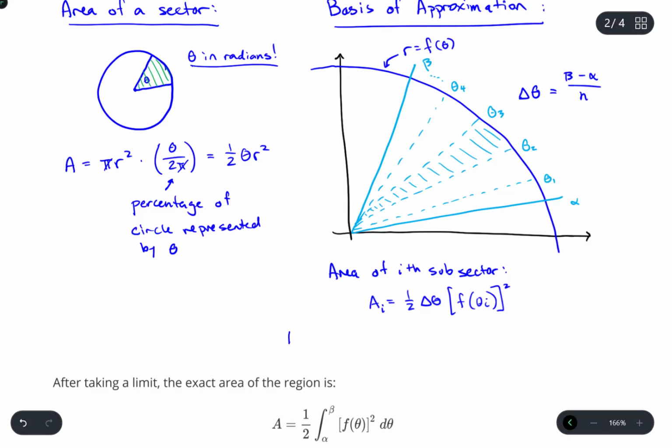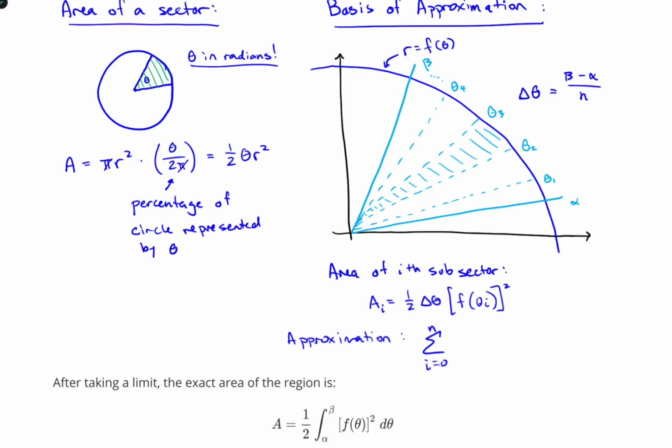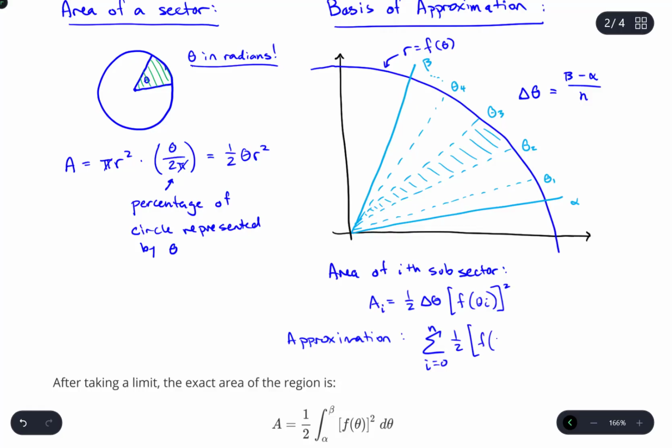So the approximation here, if we add all of these subsectors up, is the sum from i equals 0 up to n, however many subregions we have, of 1/2 times f of theta sub i squared times delta theta.